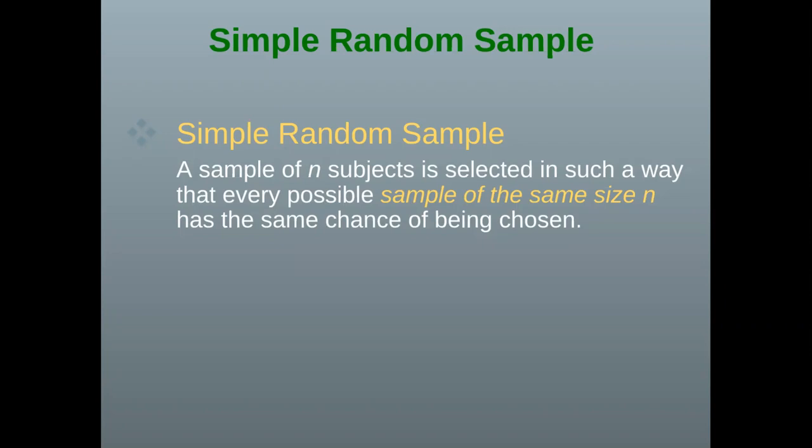Now this is a little bit different. We're going to talk about something called a random sample. Okay, so the difference here is that in a simple random sample, every single possible sample of that size has an equal chance to be chosen. We're going to talk later in the term about counting and probabilities of things happening, and how it's different from, say, an individual item versus a group of items being chosen, how that varies.